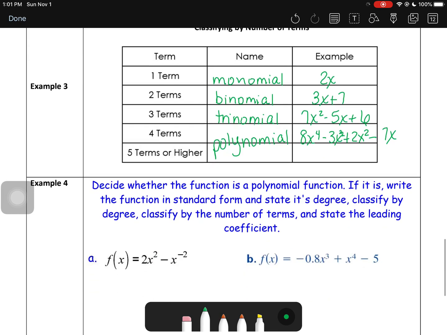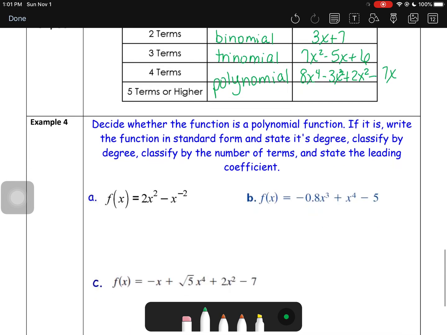The next thing we need to talk about is whether a polynomial is a function or not. If it is, we'll write that it is a function and we'll put it in standard form and state its degree, classify the degree by the number of terms and the degree, and state the leading coefficient. It is a polynomial if it has whole number exponents.